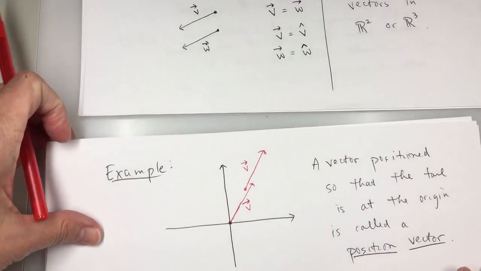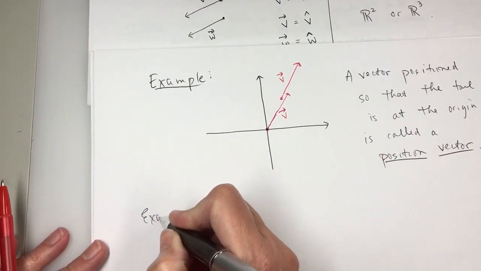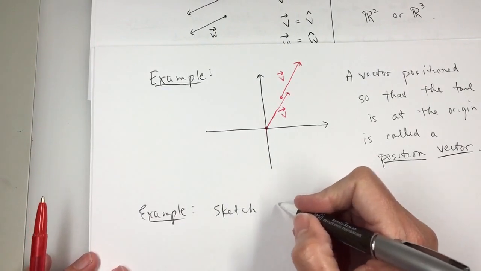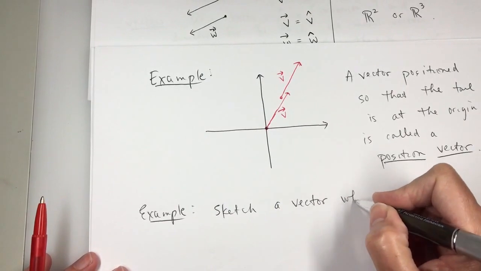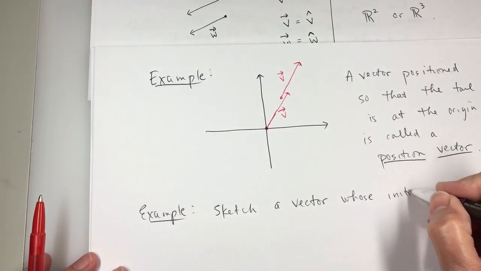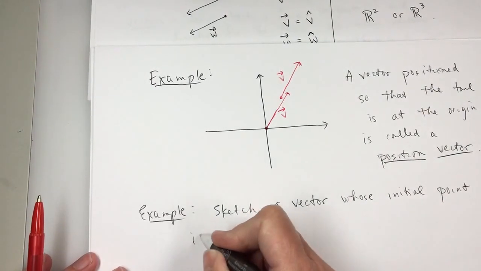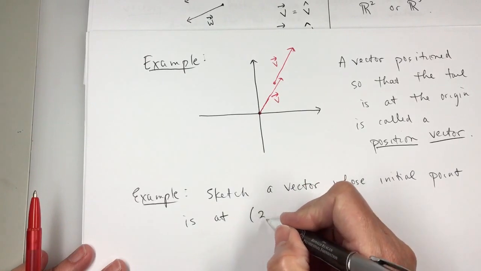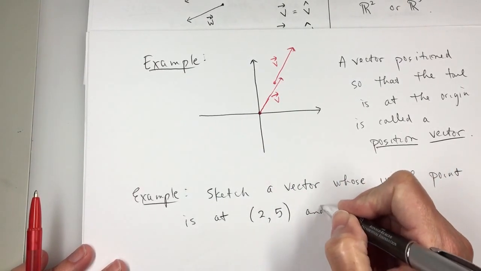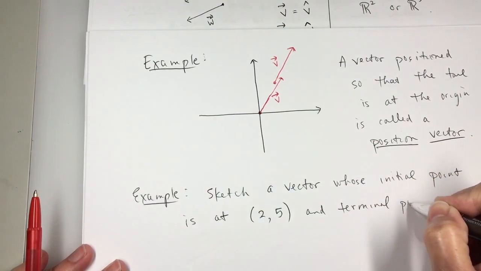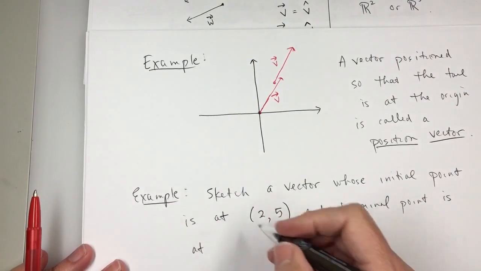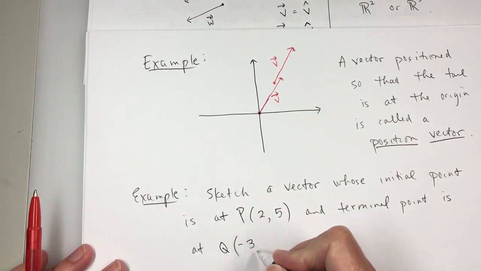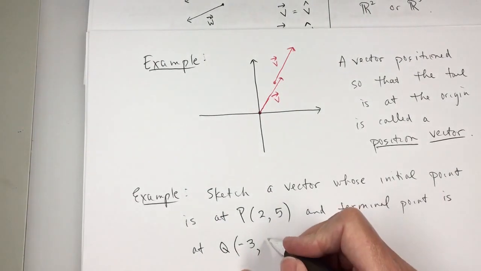And here's an example. Sketch a vector whose initial point is at, so this is not a position vector, but I'm going to say the initial point is at the point 2, 5, and terminal point is at, maybe I'll call the first one point P, the second one point Q, and Q is -3, 2.